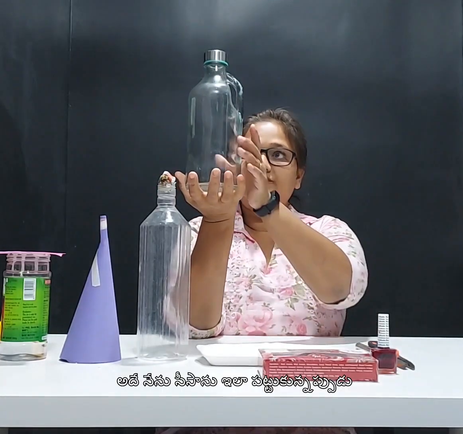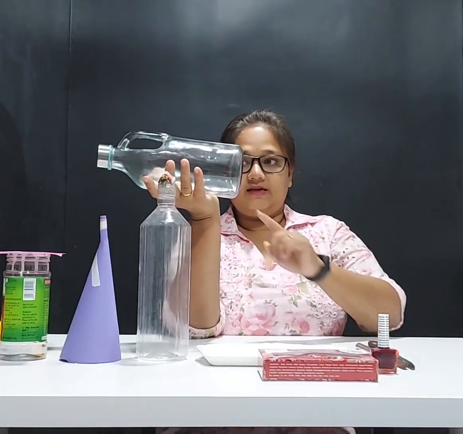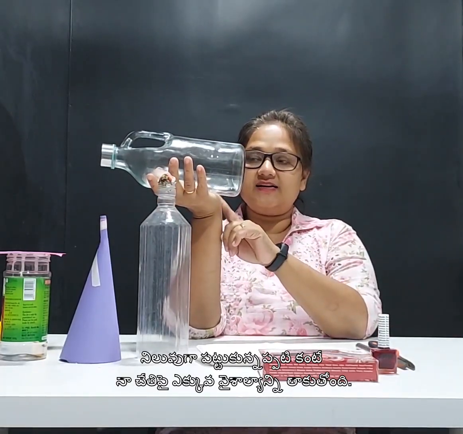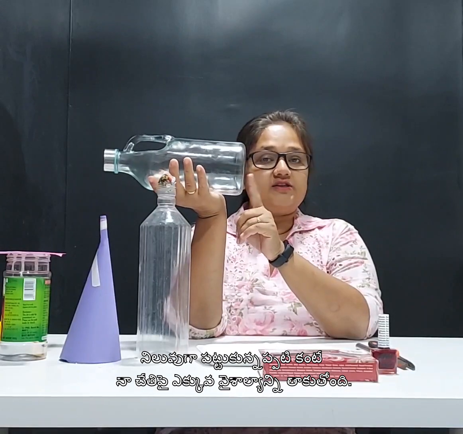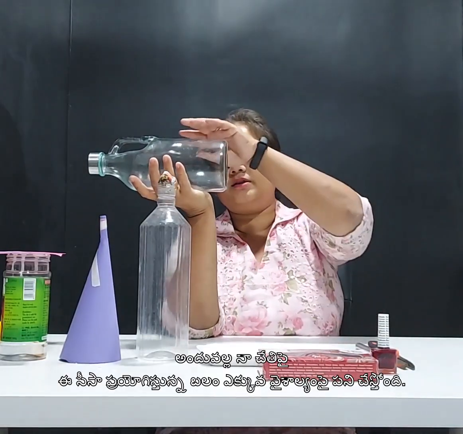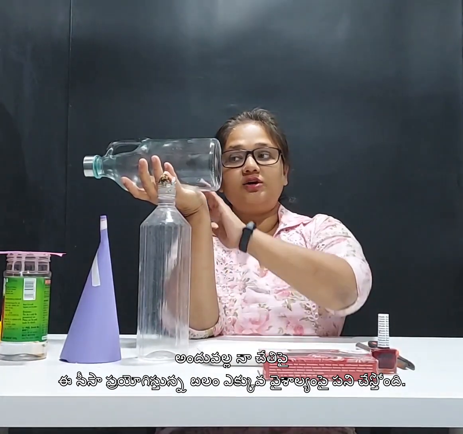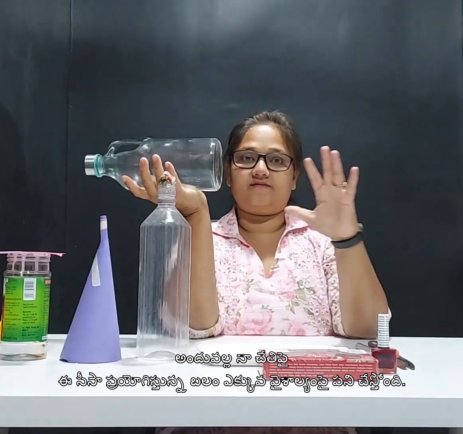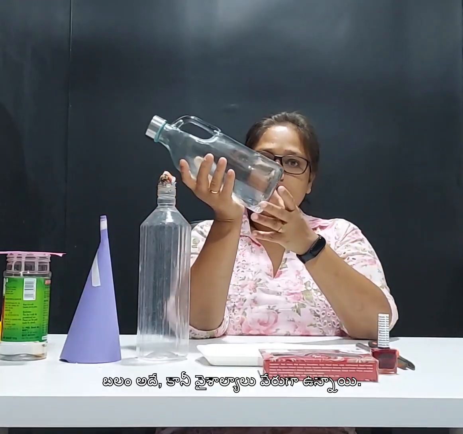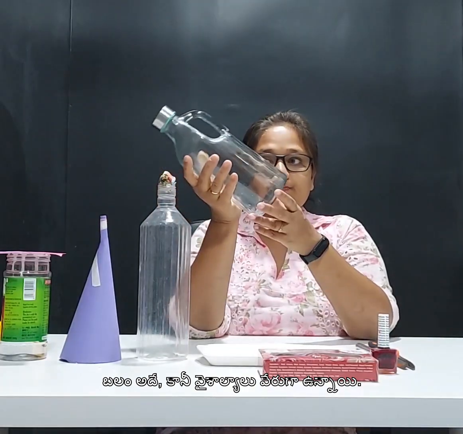Now when I hold it like this, the area touching my hand is more than when I was holding it straight. That is why the force the bottle puts on my hand is spread over a greater surface area. The force is the same because the bottle's weight is the same, right?